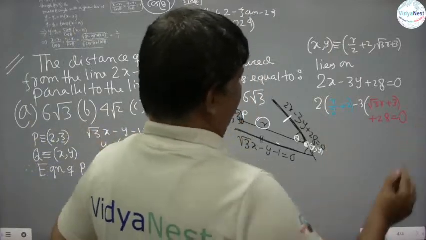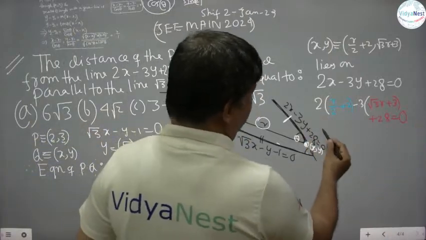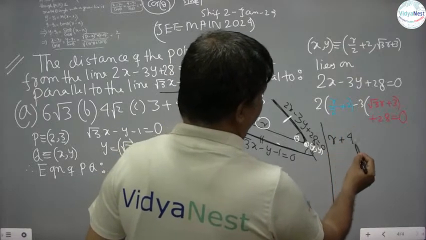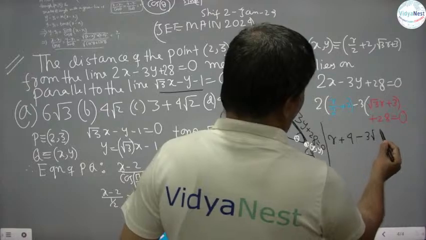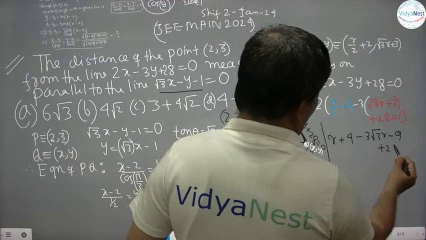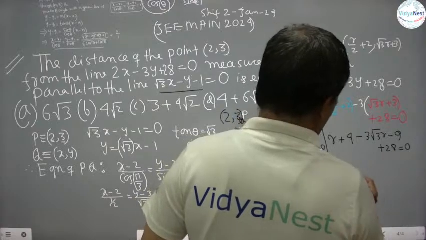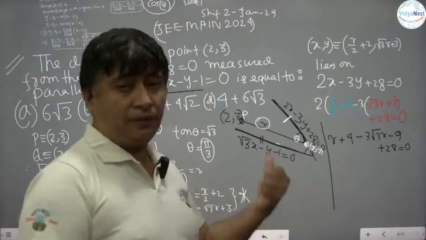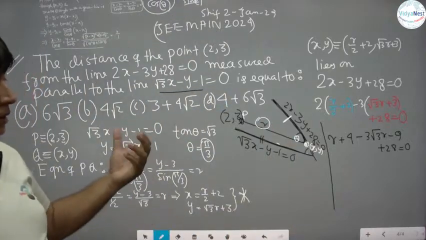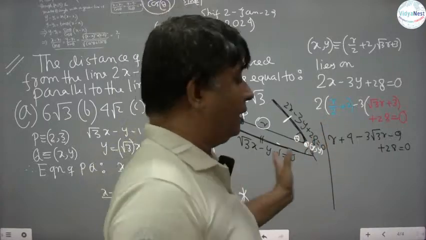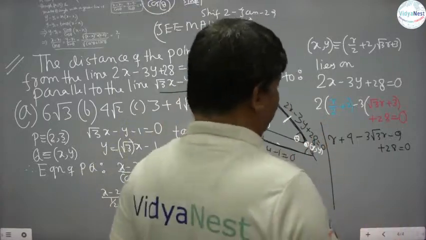Just remove the bracket. 2 into r by 2, r plus 4 minus 3 root 3 r minus 9 plus 28 is equal to 0. So, you bring all the terms regarding r to one side and the numerical terms to the other side.